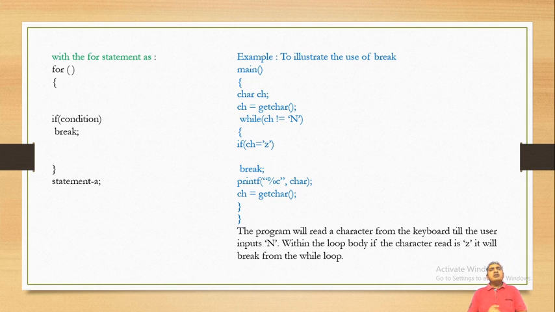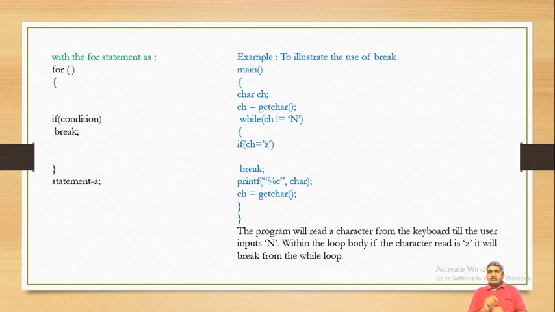First main, then character ch is equal to getchar, while ch is not equal to \n. If this condition is true, then the block of statements or the loop given below the while statement is executed.